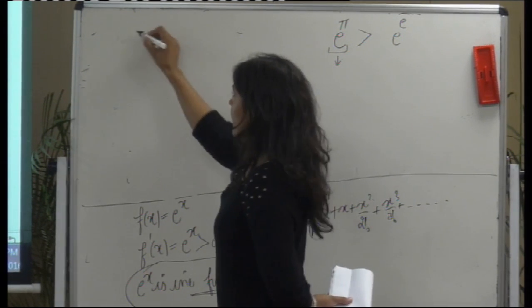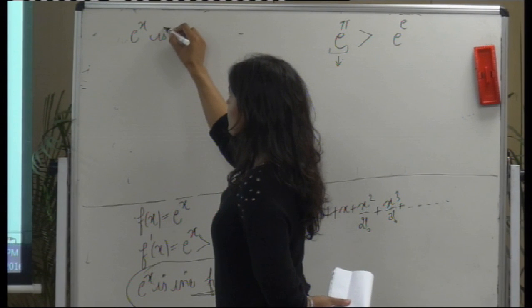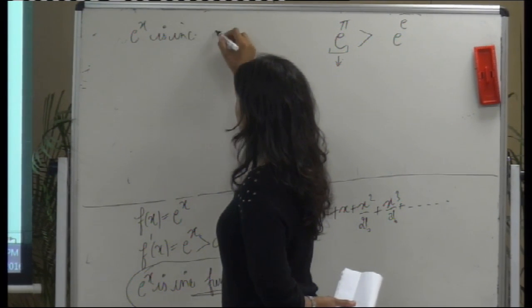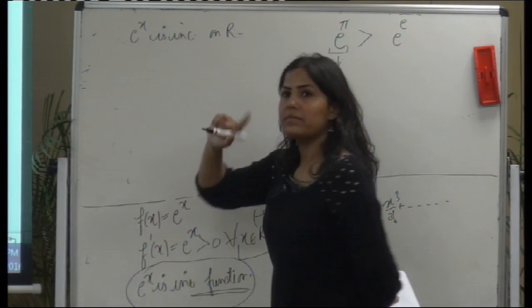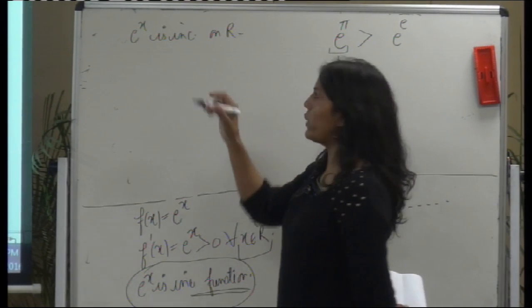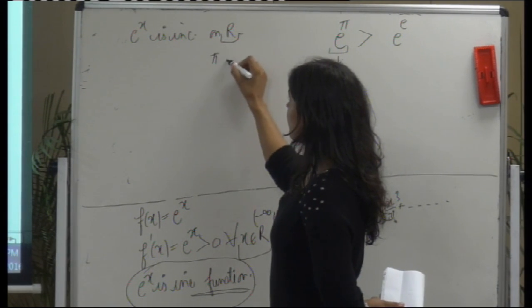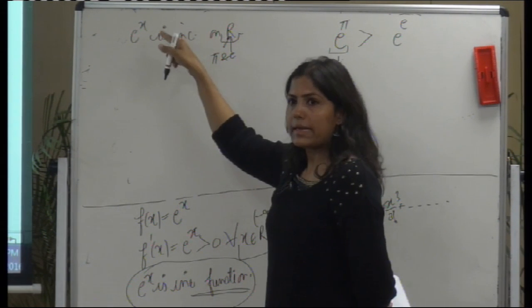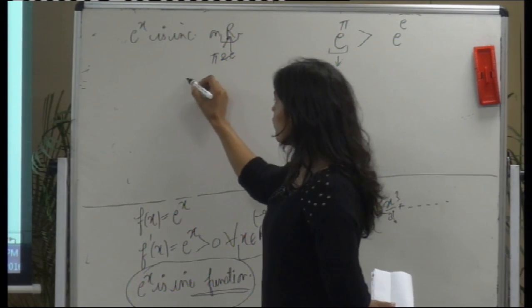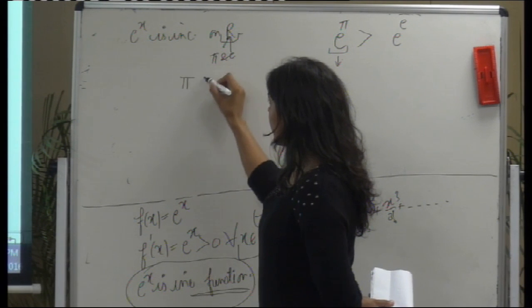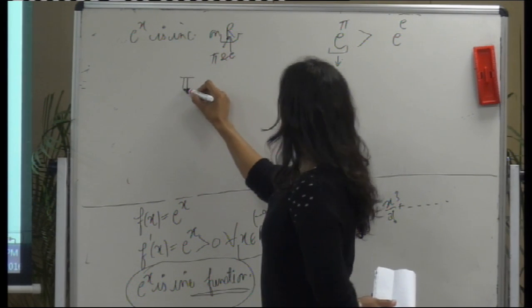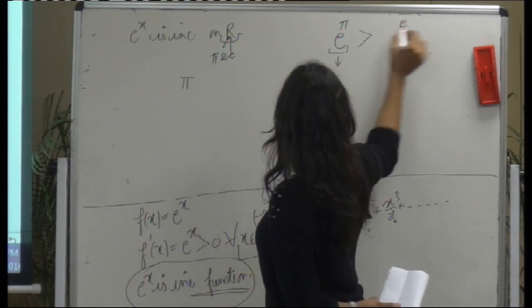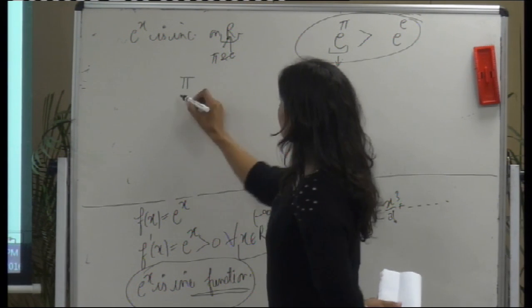Anyhow, your fact is okay, but I am using this. I said e to the power x is an increasing function on R. It means if you have any two values, both pi and e lie in this interval, na? Increasing means if you have two values, pi is, okay, pi is how much? 3 point something.